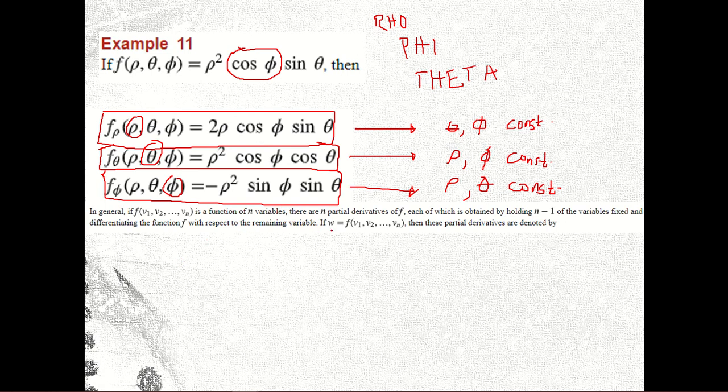So if w is a function of v1, v2, and so on until vn, then the partial derivatives are denoted by the partial derivative of w with respect to v1, of w with respect to v2, and so on until the partial derivative of w with respect to vn.